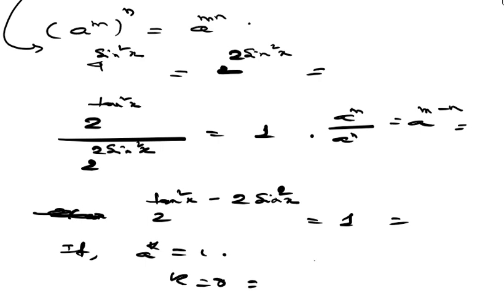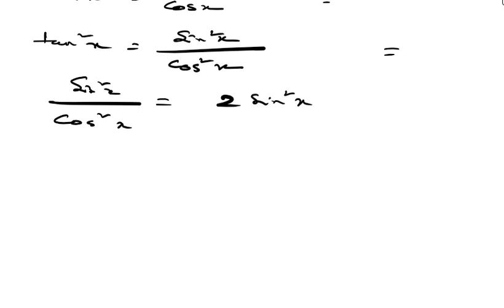Here base is equal to what? 2, which is positive and not equal to 1. So tan²x − 2 sin²x is equal to 0, or tan²x is equal to 2 sin²x.